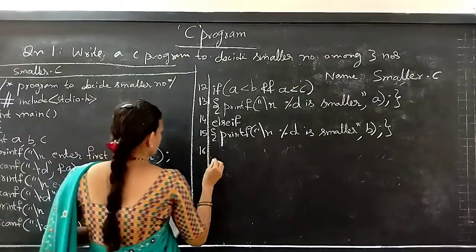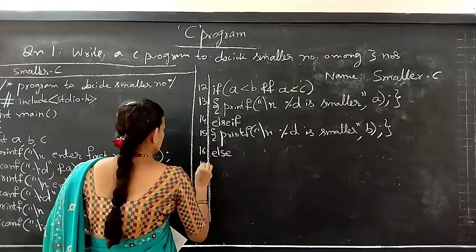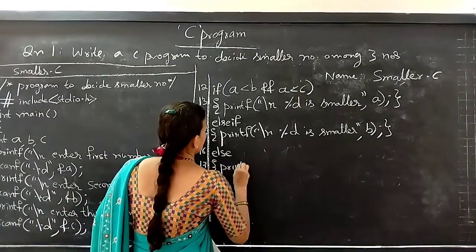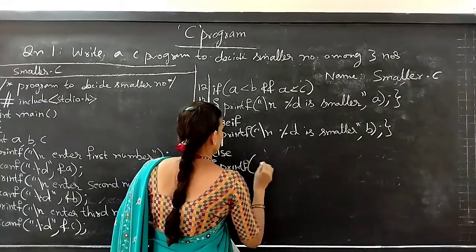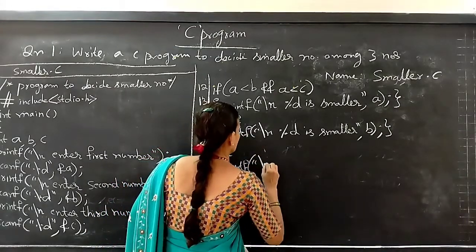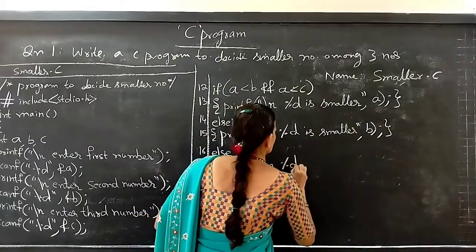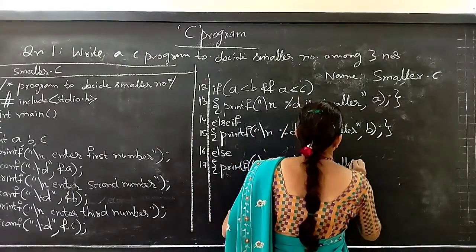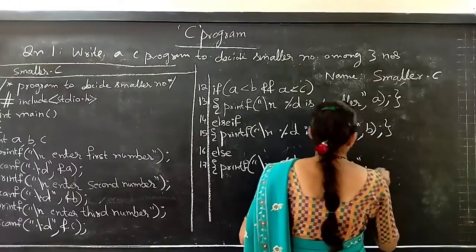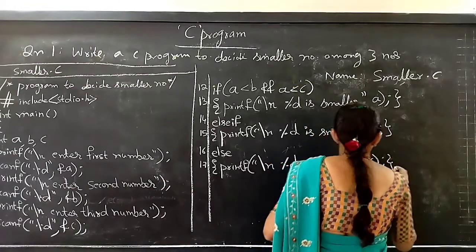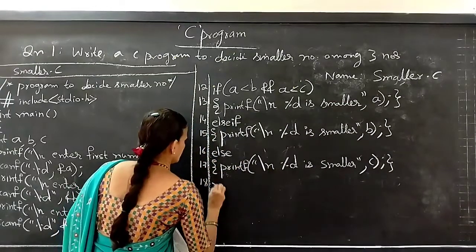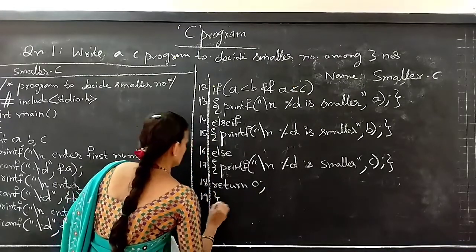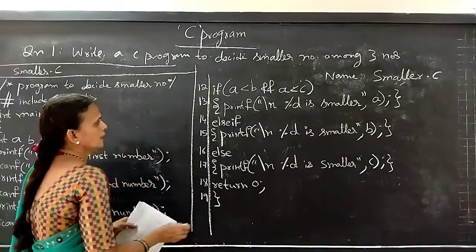On the next line again you have to write else, open flower bracket, and write printf, open bracket, double quotes, backslash n, percentage d is smaller, comma C, close flower bracket. Then we write return 0 semicolon and close the flower bracket, and we have finished writing the program.